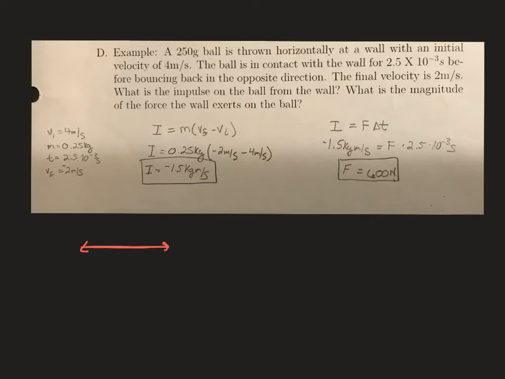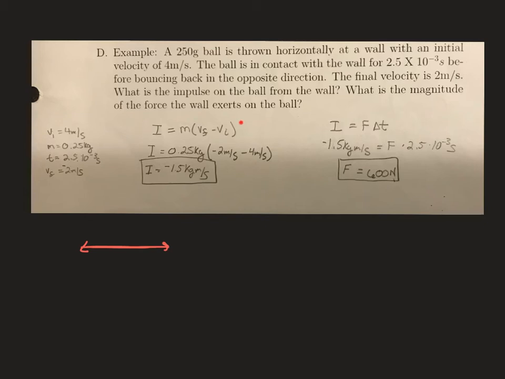Because I don't indicate which one is negative, you can either make the initial or the final negative. I chose, as you can see over here, to make the final velocity negative. But if you made the initial velocity negative and left the final velocity positive, that's fine. You'll just end up with the opposite sign answer as I have.